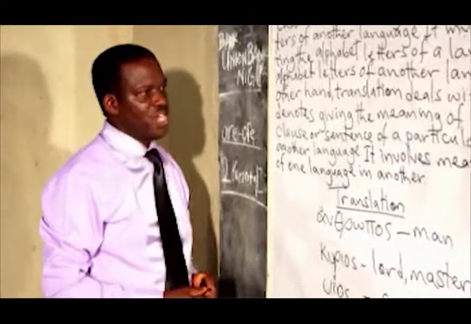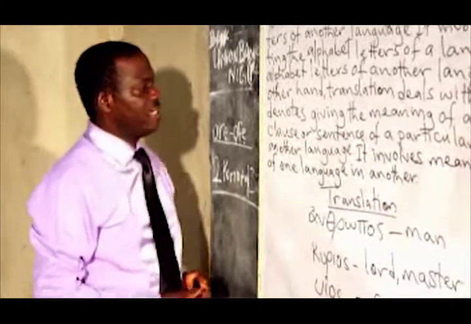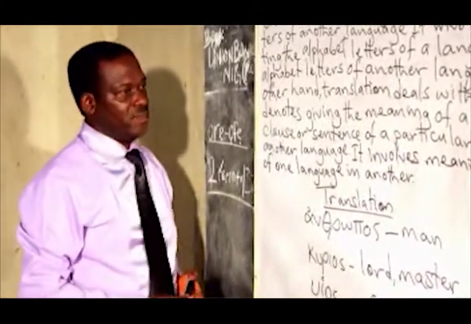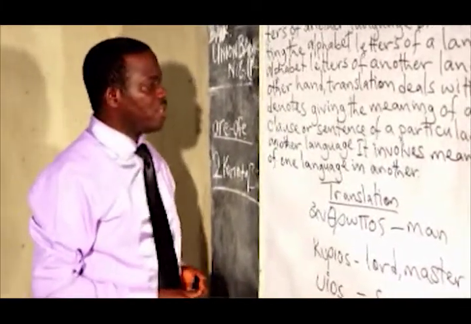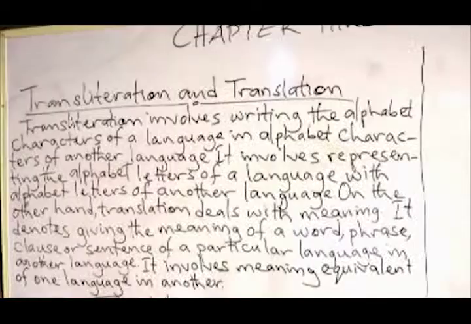That is transliteration. On the other hand, translation deals with meaning. It denotes giving the meaning of a word, phrase, clause, or sentence of a particular language in another language. It involves the meaning equivalent of one language in another.